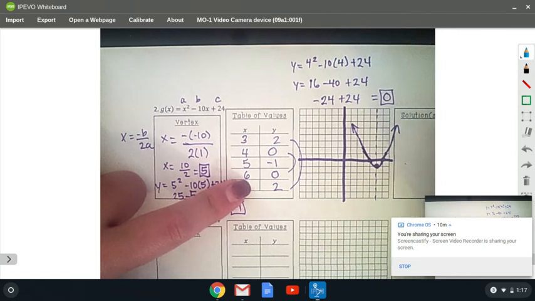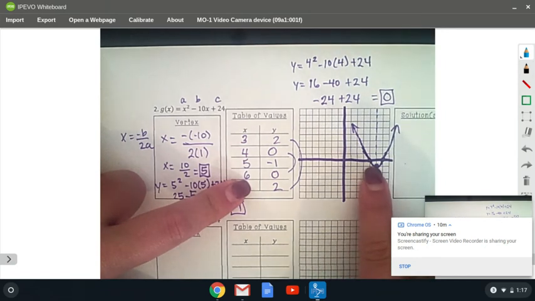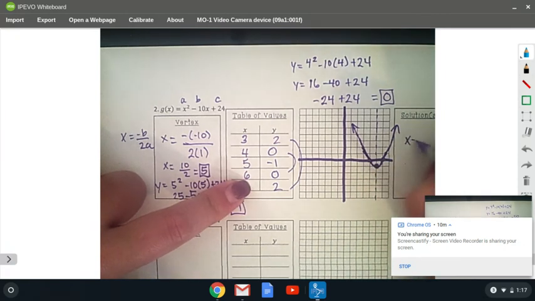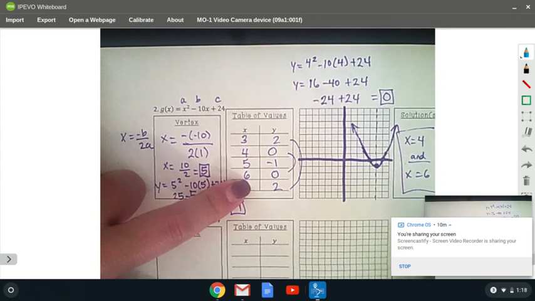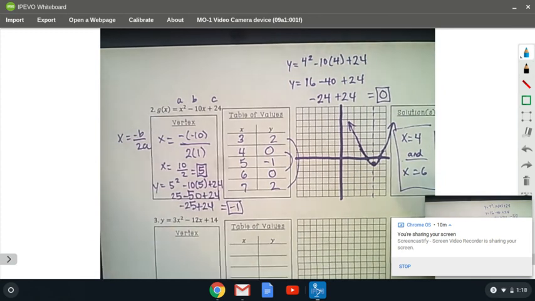Okay, but the important thing here is when this crosses the x-axis, it is at 4 and 6. So x equals 4 and x equals 6. So that means, once again, I have 2 solutions.